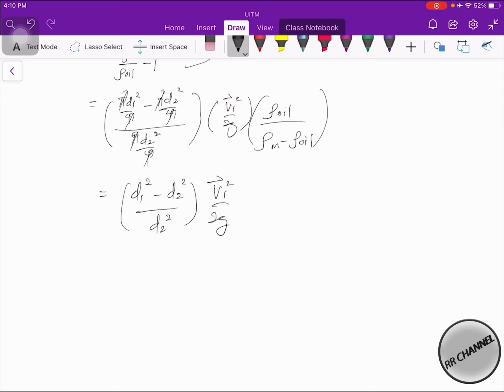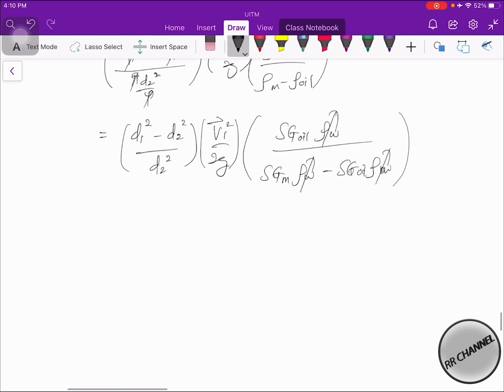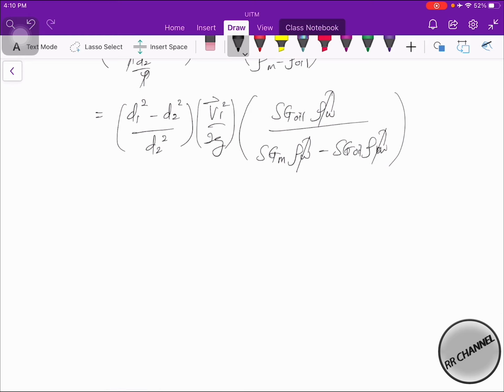Then this is rho oil, but we can convert it into SG: SG oil multiplied with the density of water, and then divided by SG for the mercury times density of water, minus SG for the oil times density of water. Okay, so the density of water can be cancelled out. Now it becomes SG only. Then we put our values here.